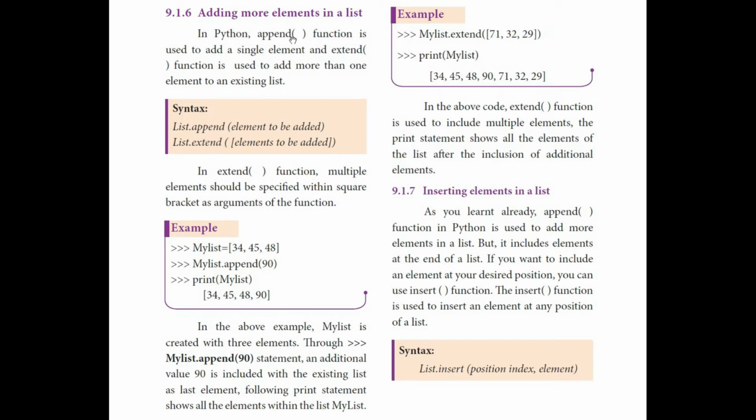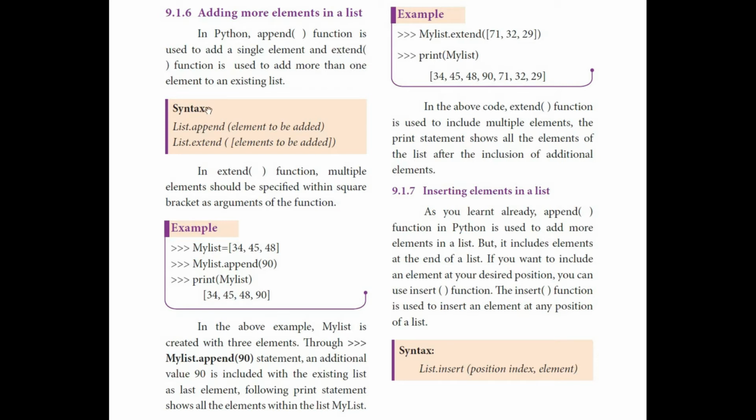Adding more elements in a list. In Python, the append function is used to add a single element and the extend function is used to add more than one element to an existing list. So to add a single element, we'll use the append function, and to add more than one element, we'll use the extend function.